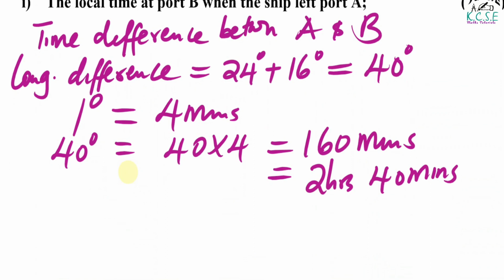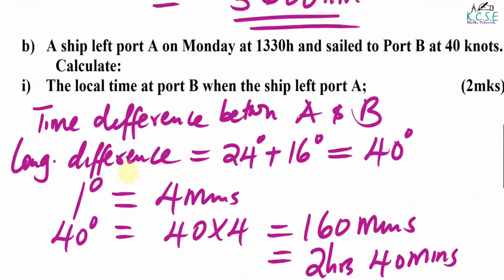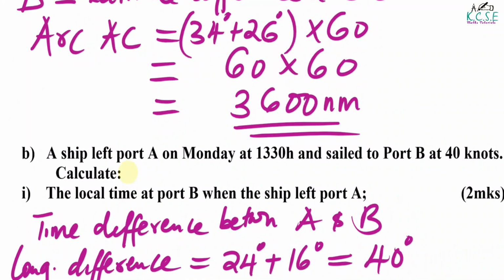So between A and B, there's a difference of 2 hours and 40 minutes. So the next thing you're going to do, upon knowing that: the ship left port A on Monday, 13:30 hours, and sailed to port B at 40 knots. So what was the local time at B when the ship left port A?